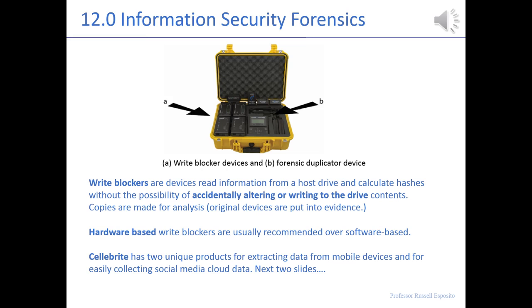Usually these are hardware devices like this. Sometimes they're software devices. But you want to make sure there's no way you can accidentally or unintentionally change any data on the machine that will become evidence. So these machines are write blockers and duplicators that work together in a way that guarantees you can't change any information accidentally while you're copying, and everything gets stored as a copy, and the copy is what you'll do your forensic analysis on. You will not do the analysis on the original evidence items.